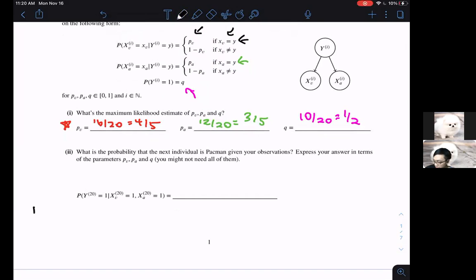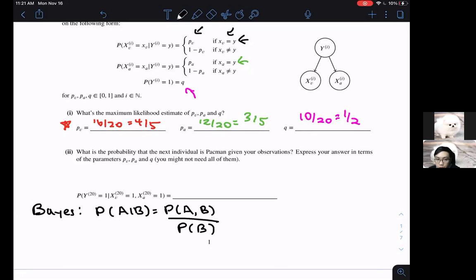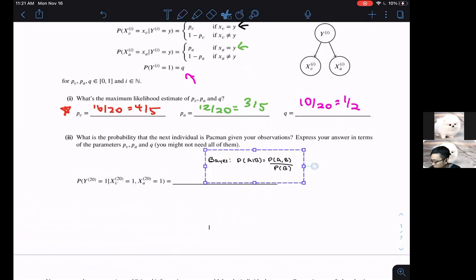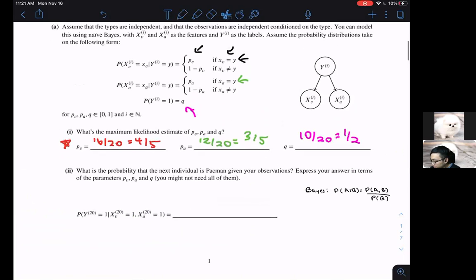So what Bayes' rule tells us is that the probability of A given B is equal to the probability of A comma B over the probability of B. And so we can do something very similar here, except using the probabilities that we have instead and substituting A and B appropriately. So let me just shrink this down, put this on the side.